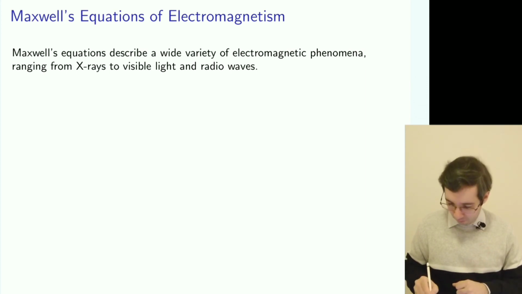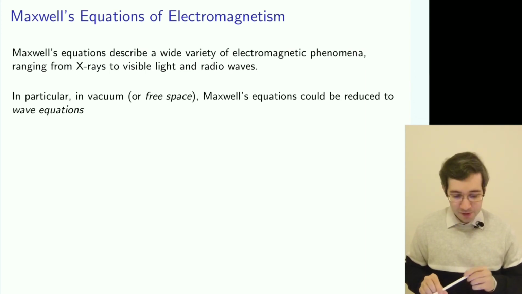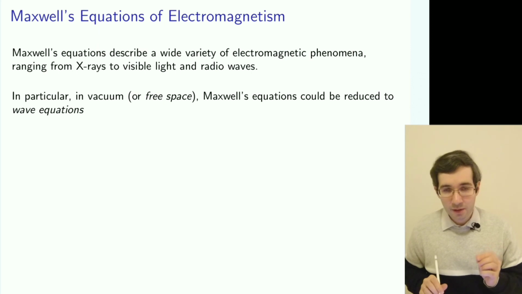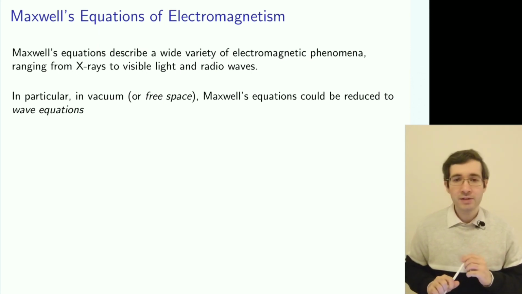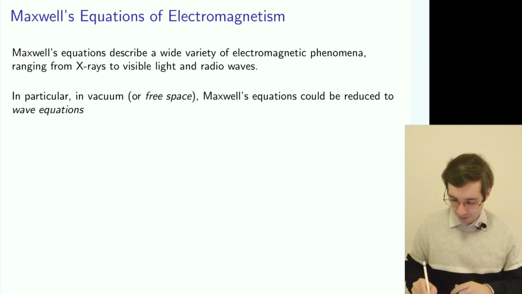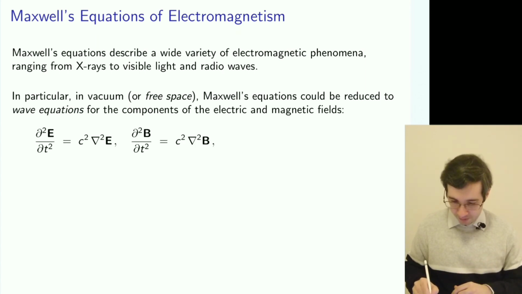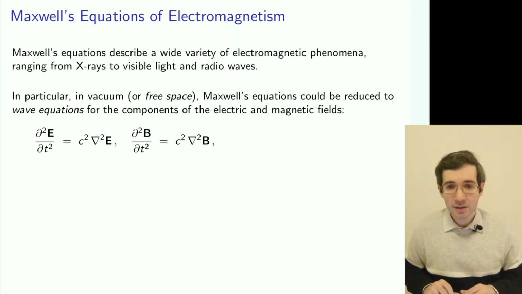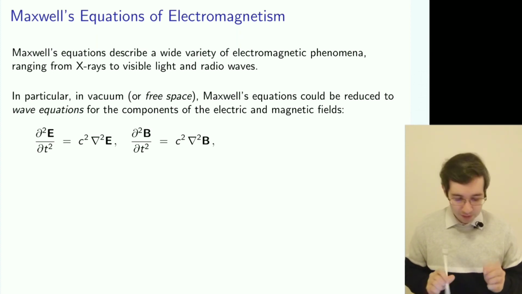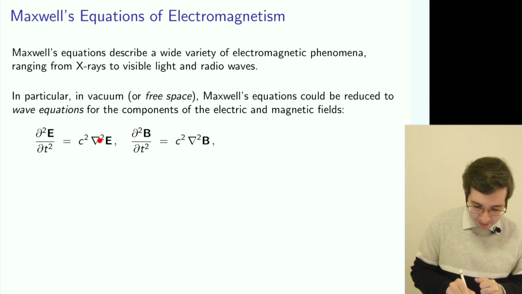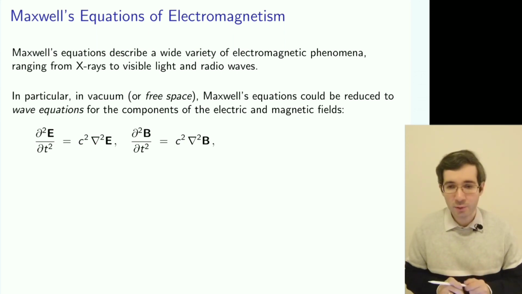And as we speak of waves, you can indeed show that Maxwell's equations can be related to the wave equation, which you might remember from the previous part of vector calculus, when we looked at how the Laplacian connects to the second derivative to give the wave equation.